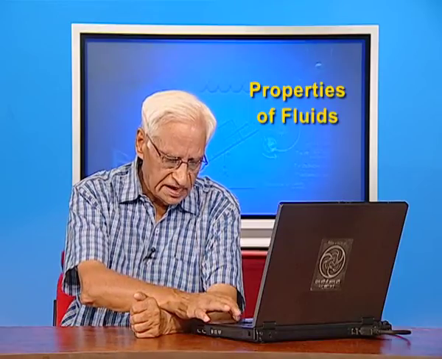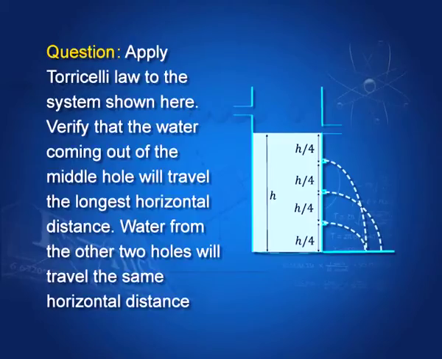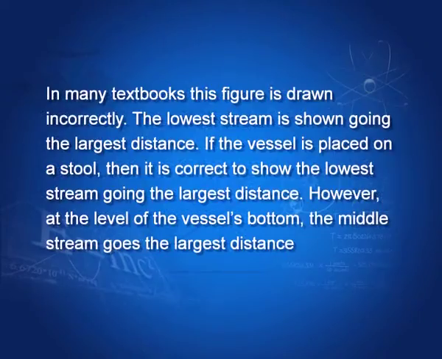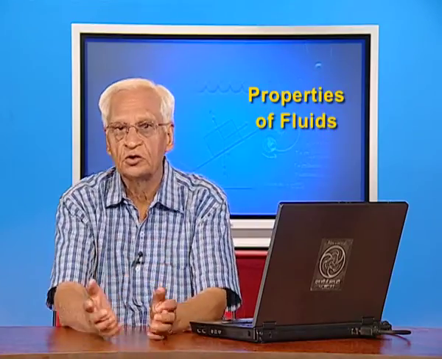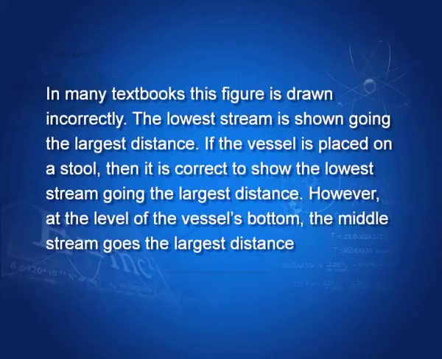I have gone to this length to explain this diagram, because many textbooks get it wrong. You see, the lowest stream is shown going through the largest distance, which as we have calculated is not true. If the vessel is placed at a certain height, say on a stool or even higher, then it is correct to show the lowest stream going the largest distance, because the pressure is highest.